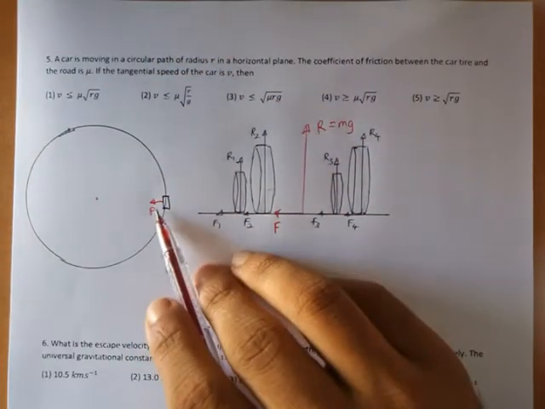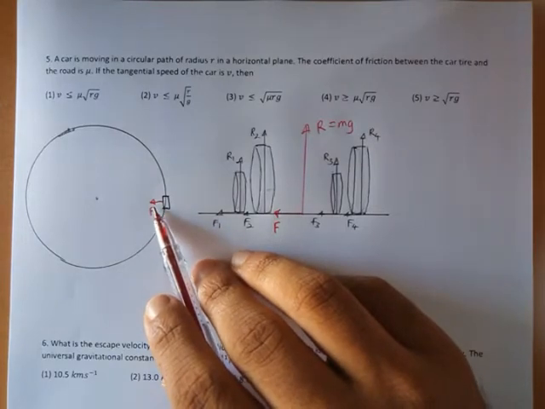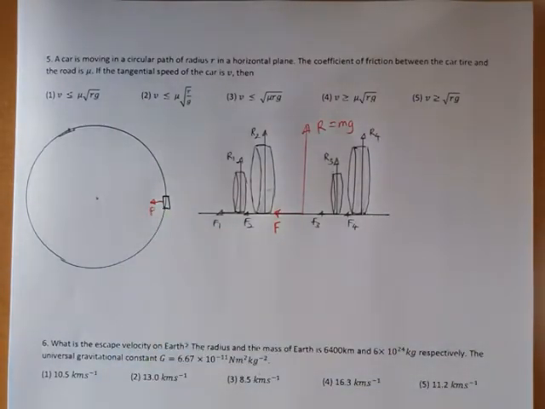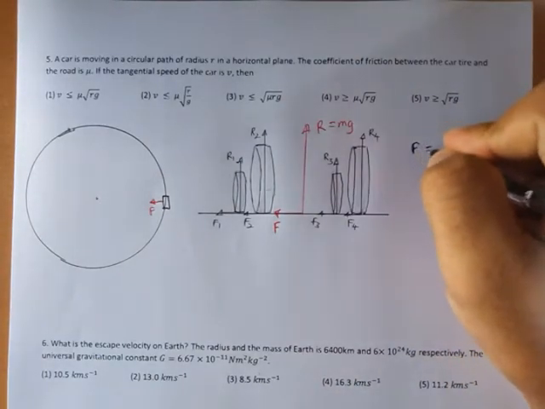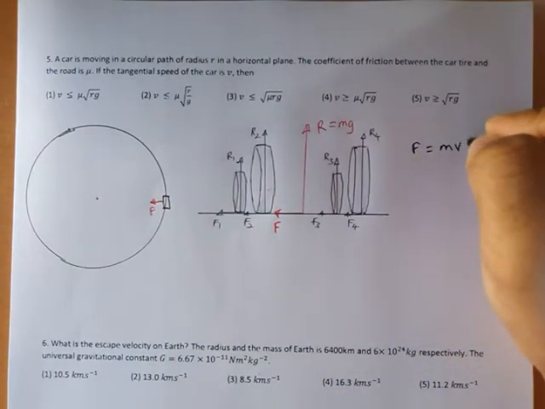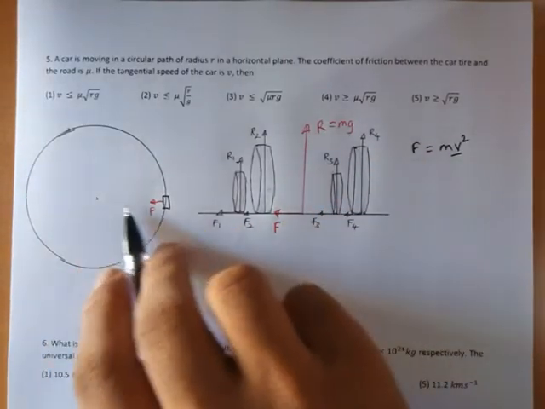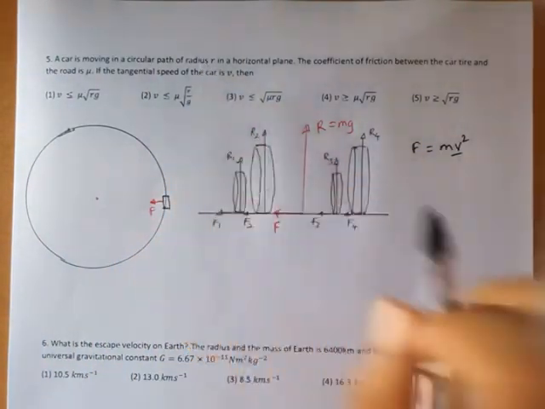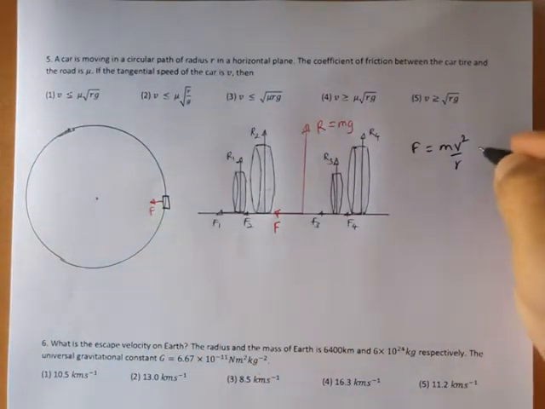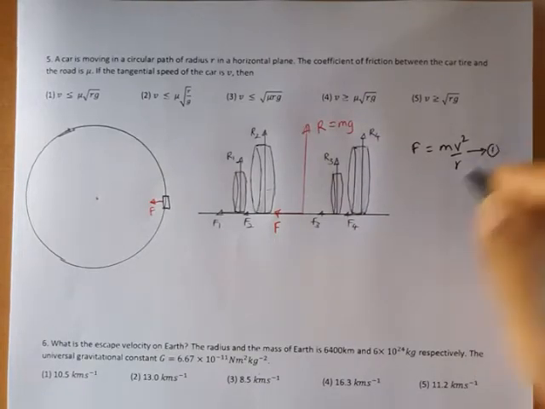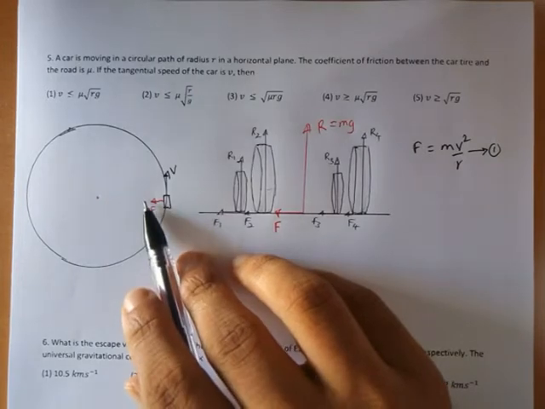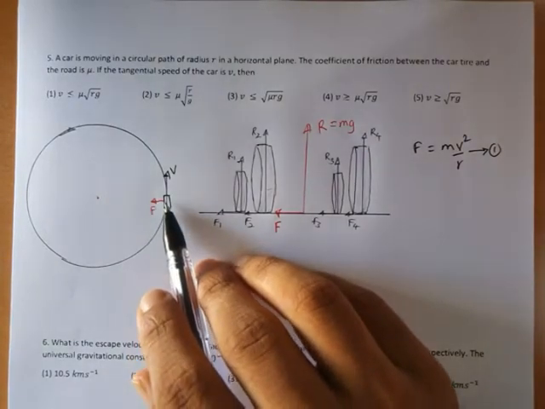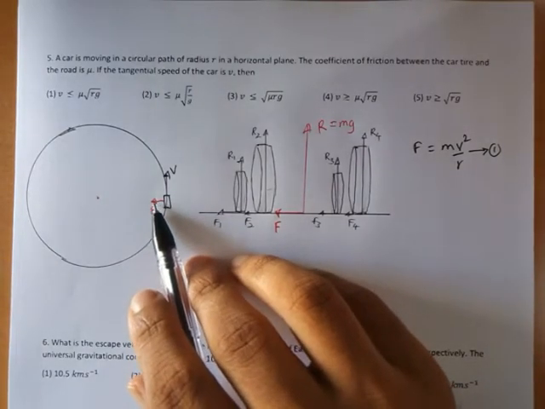So this is the centripetal force acting on the car, so I can write the centripetal force F is equal to m v squared over the radius r. This is my equation 1. And we can see that there is no movement of the car in this direction. That means this car is under static friction in this direction.